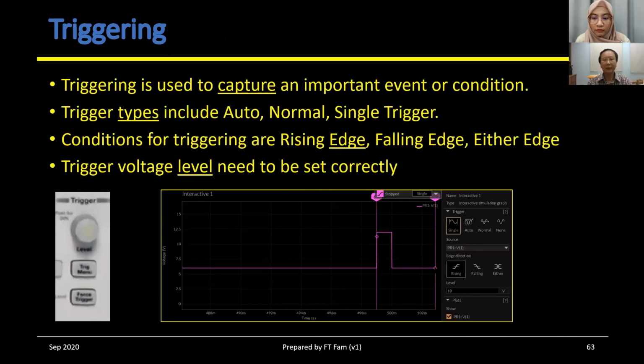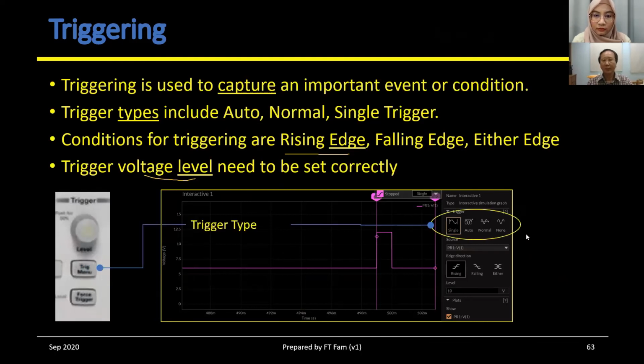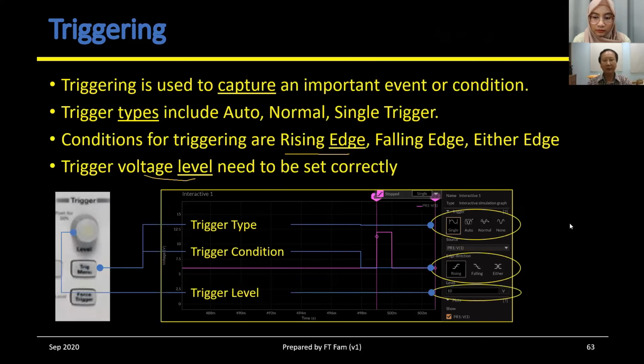If, let's say, you only capture a single event, you need to do a single trigger. You need to set the level correctly. You need to set the voltage rising edge or falling edge correctly. So this is important. Trigger type, trigger condition, and also the trigger level are important.